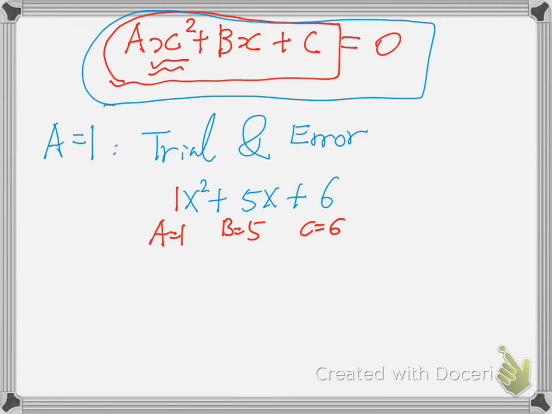What is trial and error method? We assume the answer has this form: x plus s times x plus t. Okay, so we will use trial and error method to find these two letters, s and t. So what's the condition for s and t? How to find s and t?